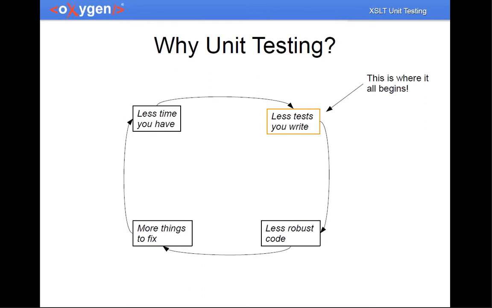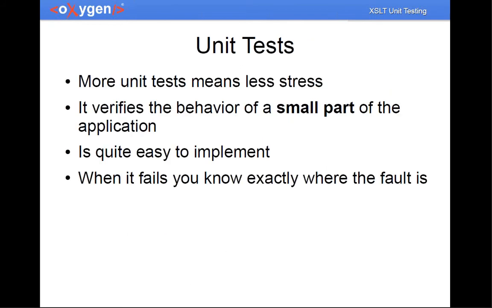So it's kind of like a domino effect. You keep going from bad to worse. And this is where it all begins, at the moment when you decided to write less tests. So now, hopefully, I managed to convince you that more unit tests means less stress, and believe me, I've learned that the hard way.